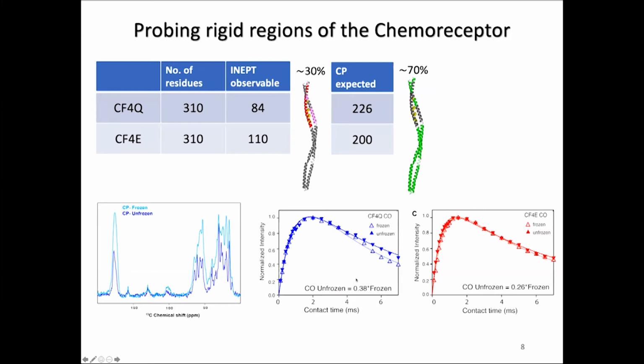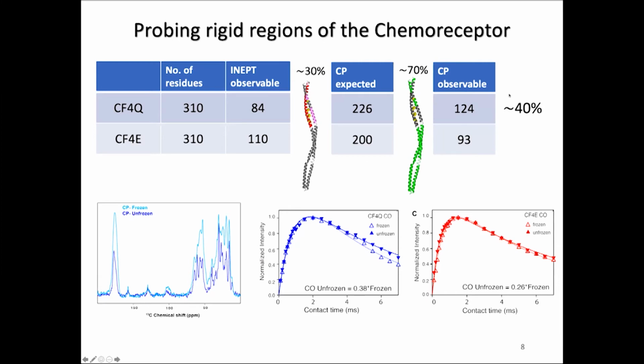With the rise being the same for the unfrozen and frozen, it would indicate that only 40% of the sample is actually CP visible, and the rest of the protein has intermediate dynamics, and probably we will not be able to probe it by either CP or INEPT-based experiments.